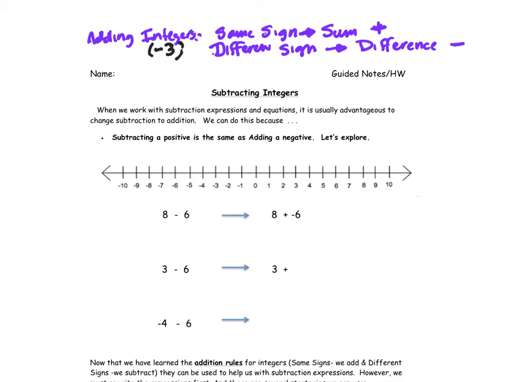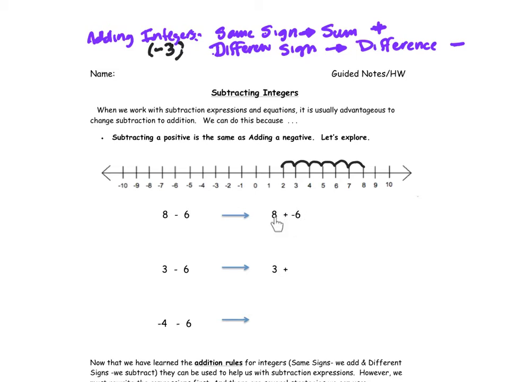It would look like this on the number line. I would start at 8, and I would move down the number line because I'm taking away. I would end up on 2. And we've talked about the fact that when I have different signs, this is the same thing as subtracting also.